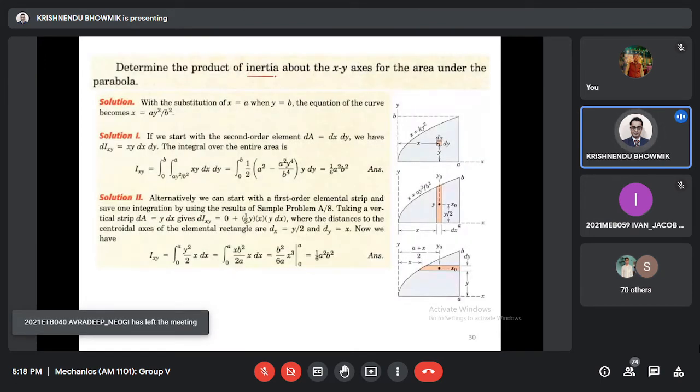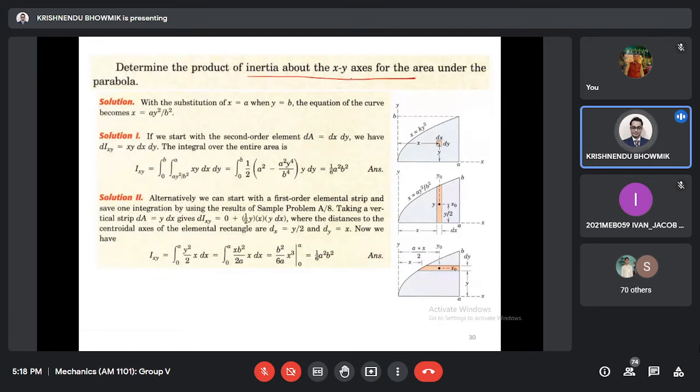Determine the product of inertia about the x and y axis of the area under the parabola. This is the parabola given. It is passing through point (a, b), so you can calculate the value of k. Now consider one small element dA equal to dx multiplied by dy, with distances x and y.